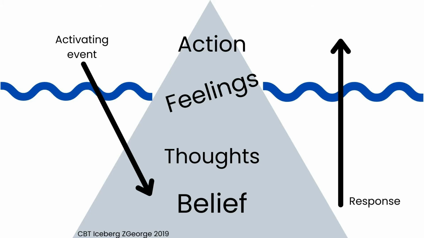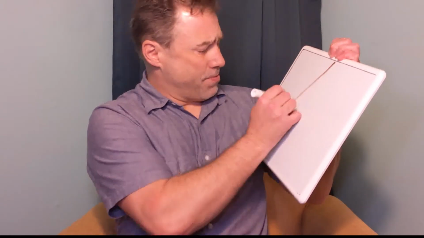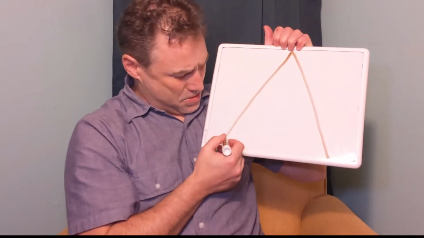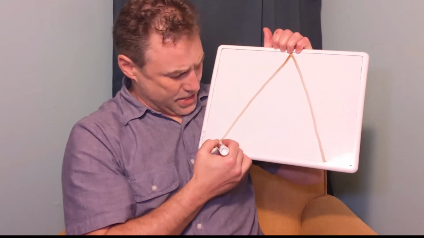Off to the side, you'll see some activating events, and then you'll see an arrow on the right side pointing up. So what I'll do now is go into that and explain what I mean by some of these. I'm going to draw here on my board. As I said, bear in mind I'm not great at drawing.